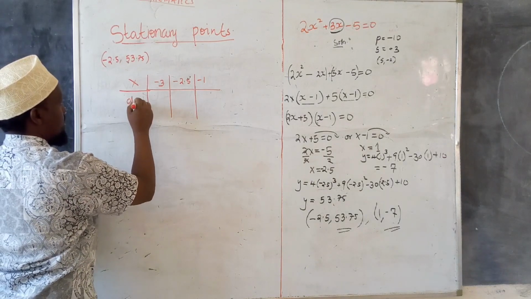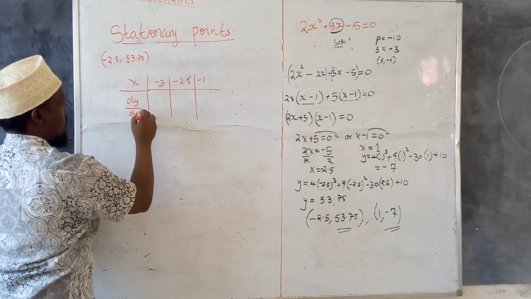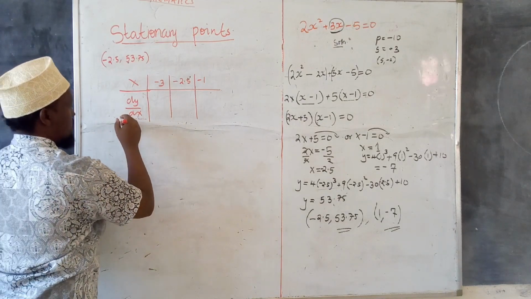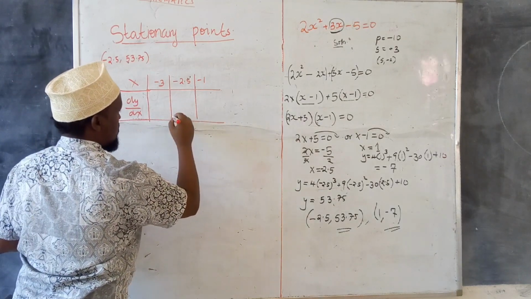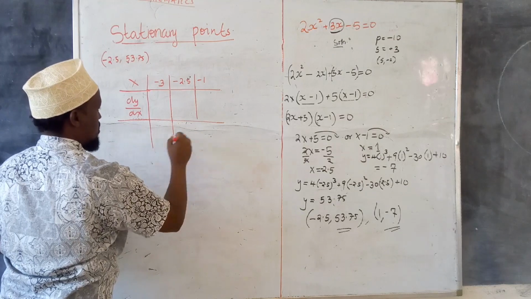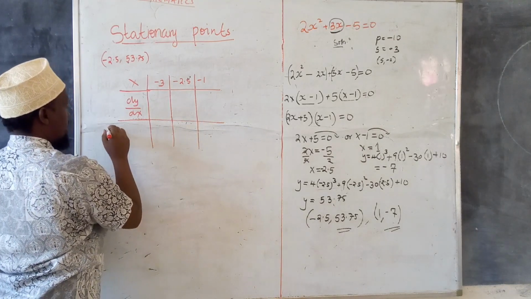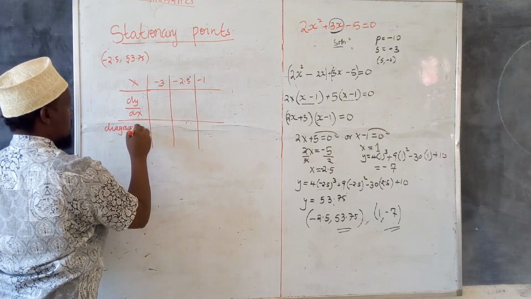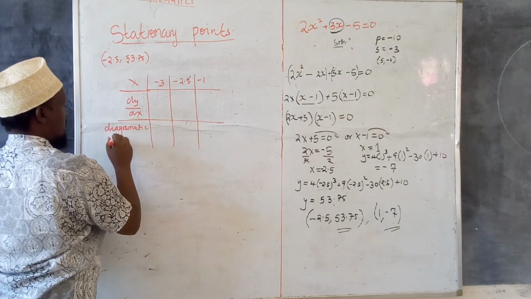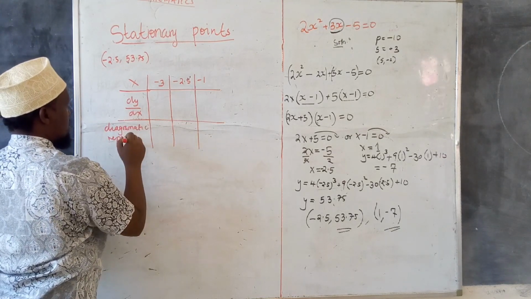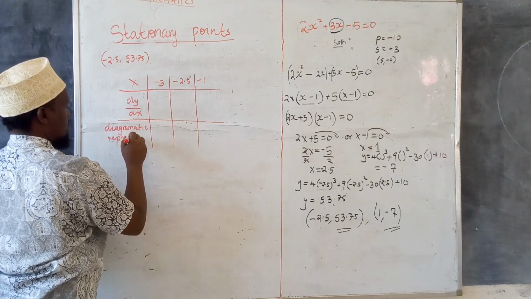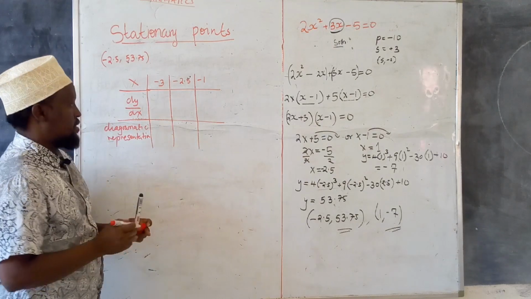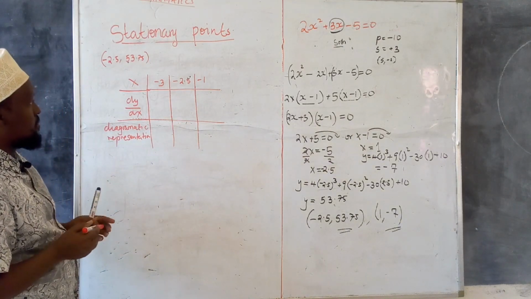Then we have to find the gradients when the value of x is -3, -2.5, and -1. Also, we need to have the diagrammatic representation of the gradient. Good.